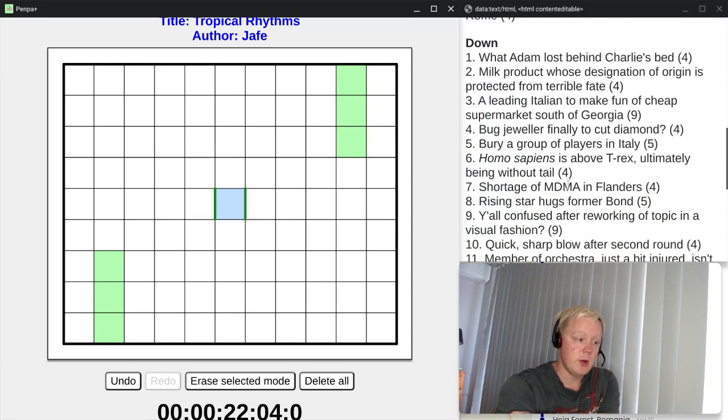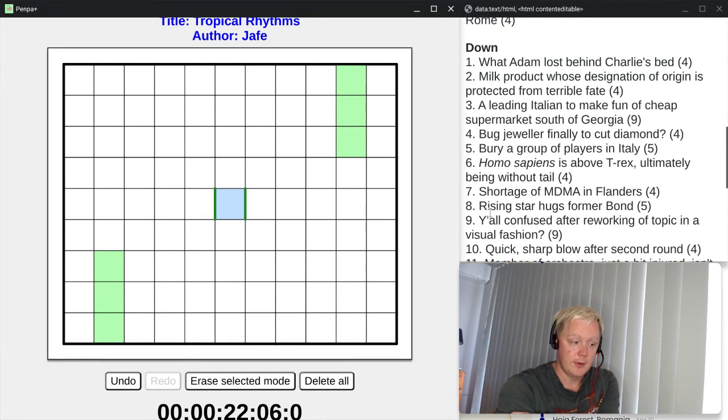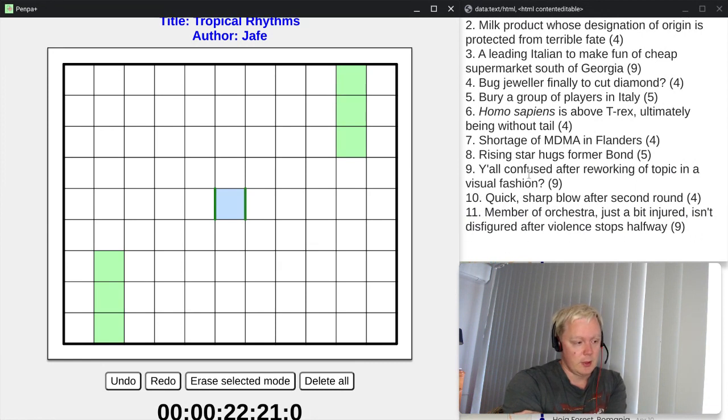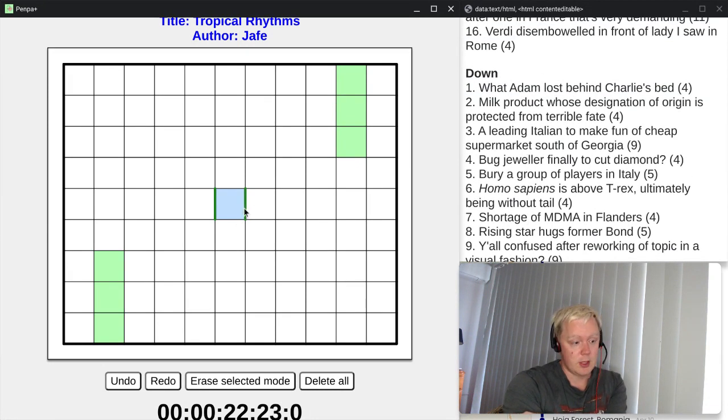Now we do have an odd number of down clues, so we do know a down clue goes through here. Obviously, we couldn't draw these anyway because then we would leave one cell stranded, and that's not how crosswords work. But if there were 12 downs, that's what we would have to do, and the puzzle would be broken.